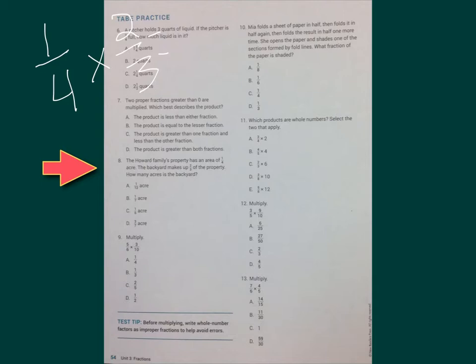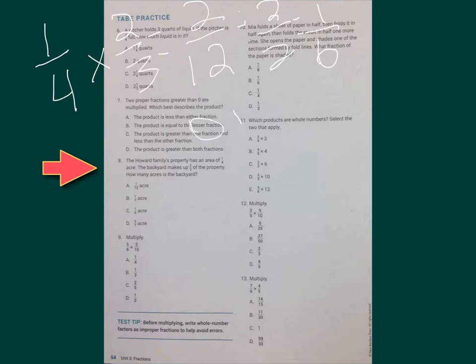So we can say 1 times 2 is 2, and 4 times 3 is 12. And we know we can simplify those because they will both divide by 2. So 2 will divide into 2 1 time, and 2 will divide into 12 6 times. And so that is our answer, 1/6.